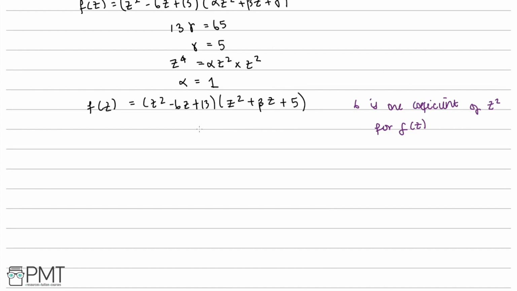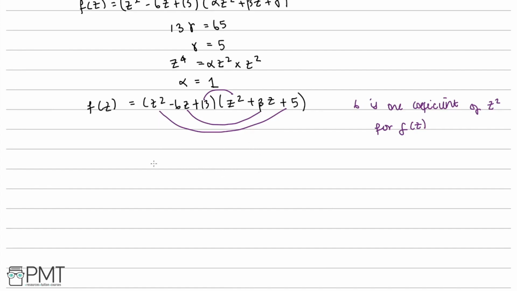Well, if we wanted to get a z squared from our two quadratic factors we have here, we'll first multiply z squared by 5, and minus 6z with plus beta z, and 13 with z squared. These are the only ways that you can get a z squared term, because if you multiply any other way, it will not produce a z squared term.